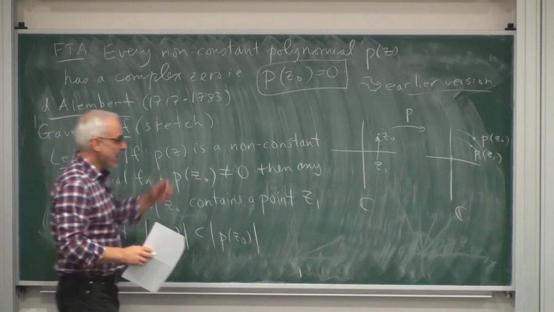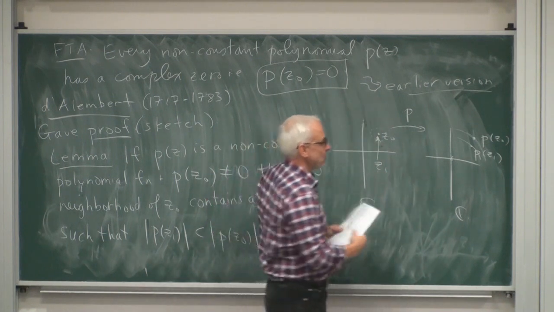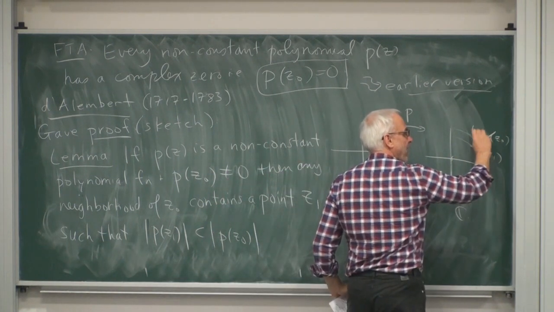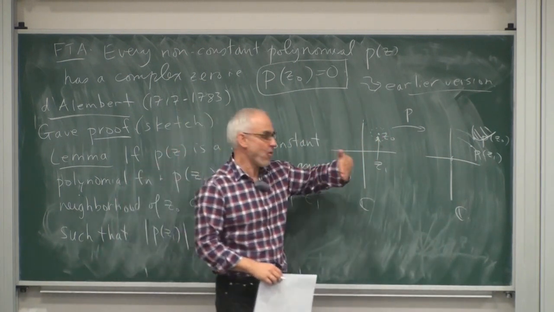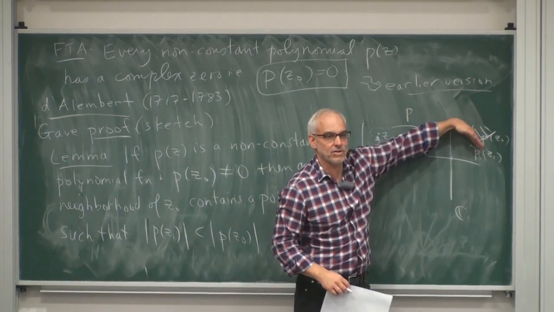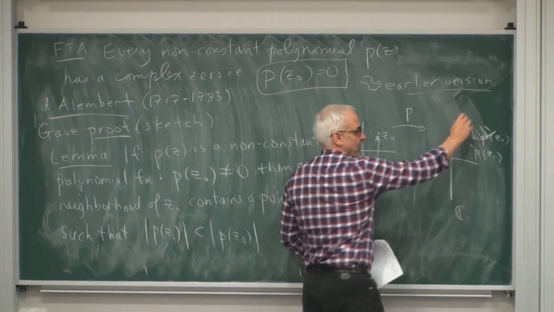Or to put it another way, it's not possible for that entire disk to get mapped to something like this, where all the points are bigger than or equal to, in absolute value, P of Z0. That's not possible.